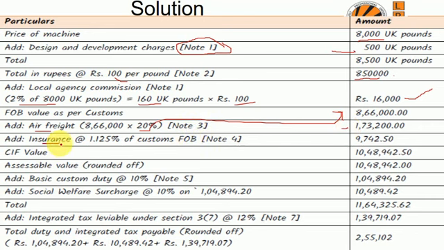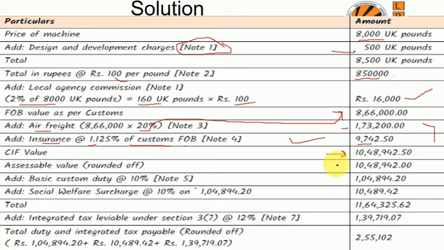Then insurance charges: as the insurance charges were not given, we will take 1.125% of customs FOB value, for which we have done the calculation in note 4. You can do it, which comes to 9,742 rupees and 50 paisa. Then after adding these two, we come to the CIF value. This is the CIF value.